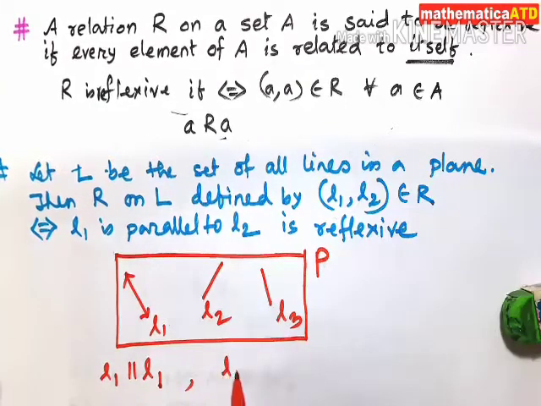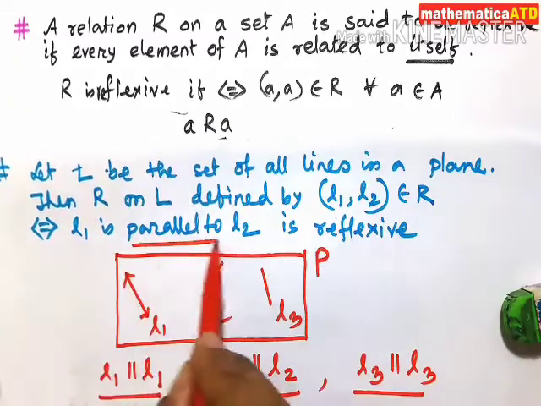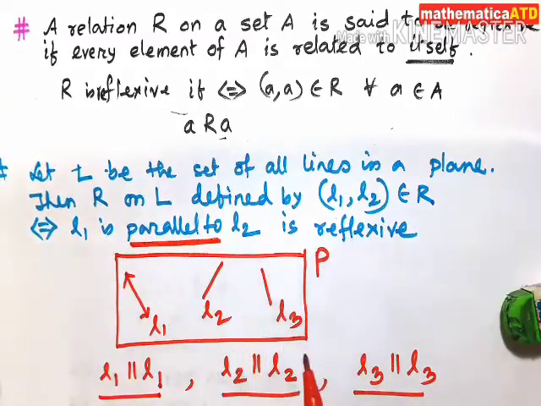We can say L2 is parallel to L2, and even L3 is parallel to L3, because each and every line is parallel to itself. So the relation 'parallel to' is a reflexive relation on this set of lines.